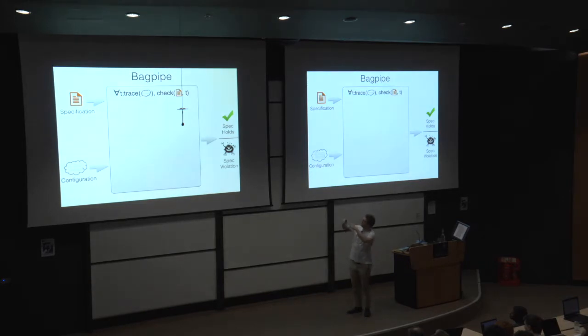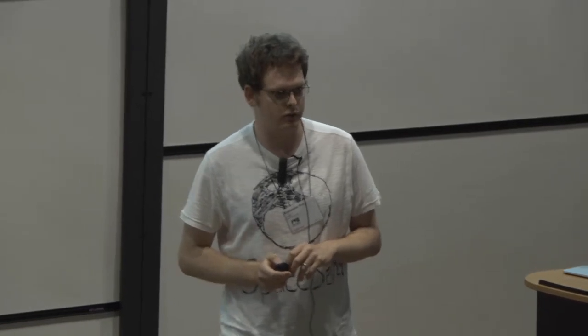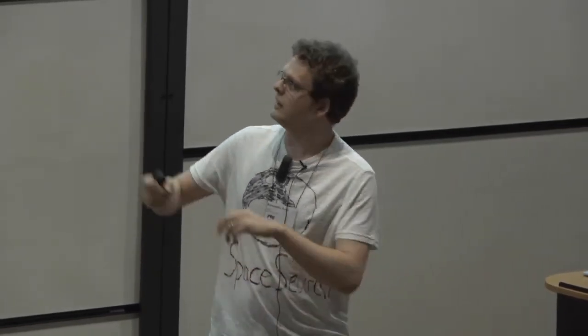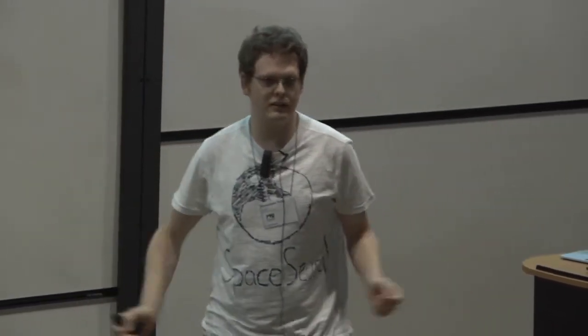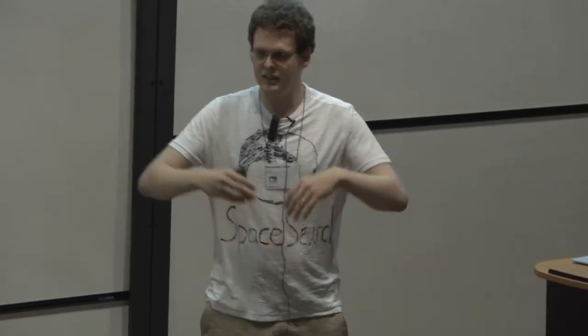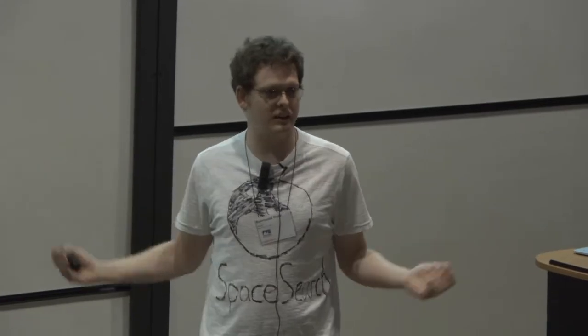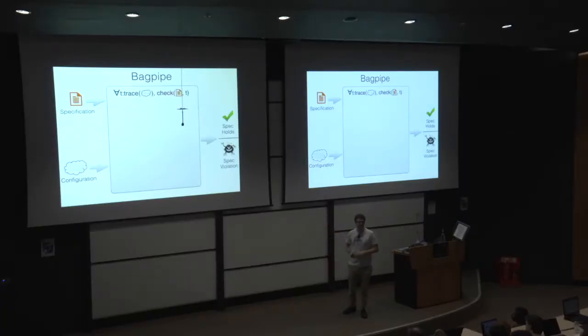The high-level property that we want to check in Backpipe is that for all possible traces, so all possible ways in which we can forward route announcements through our ISP, it must be true that the specification holds. And it's easy to see that this is an infinite search problem because the internet keeps running forever, so I can get route announcements on and on and on. So this is actually quite hard to check naively.